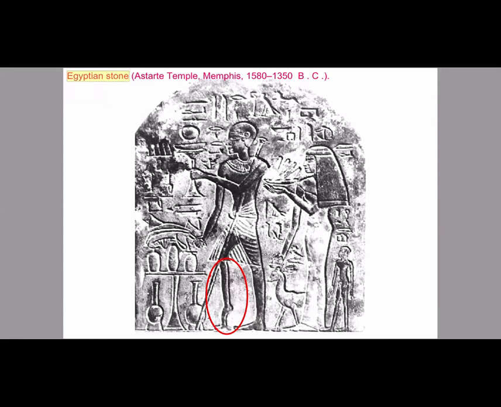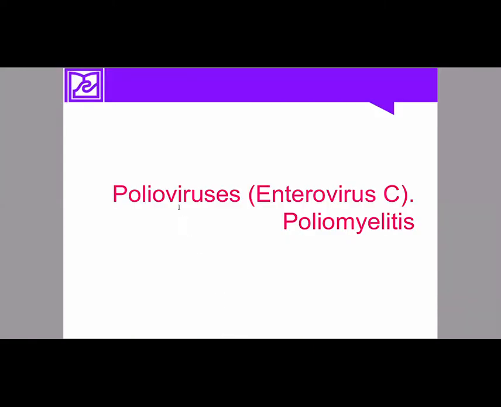So this is the oldest record that we have of poliomyelitis. Poliomyelitis was a terrible disease that caused flaccid paralysis. Look the leg. So we are here. Polioviruses are the cause of poliomyelitis.